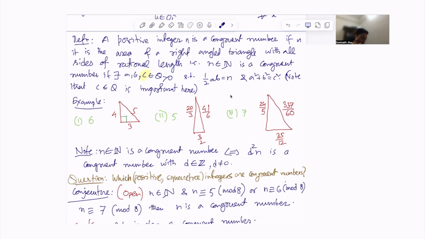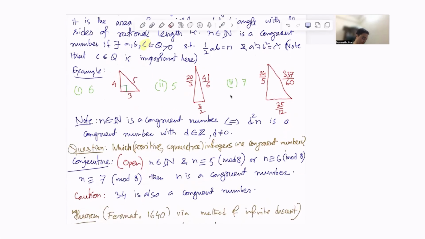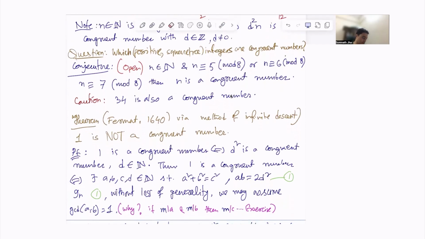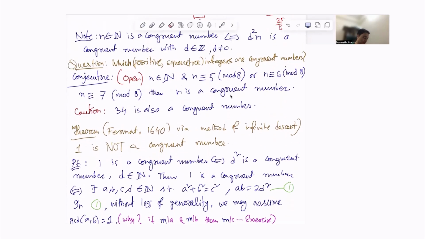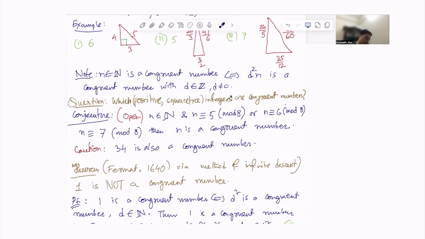One of the questions is that, and we discussed briefly about it, and we'll discuss more about it today. So one caution was that 34 is also a congruent number. The conjecture was that any integer which leaves the remainder 5, 6, or 7 modulo 8 is a congruent number.